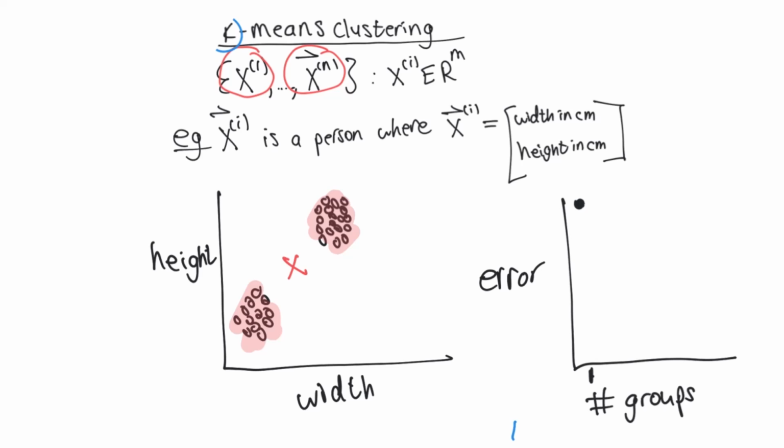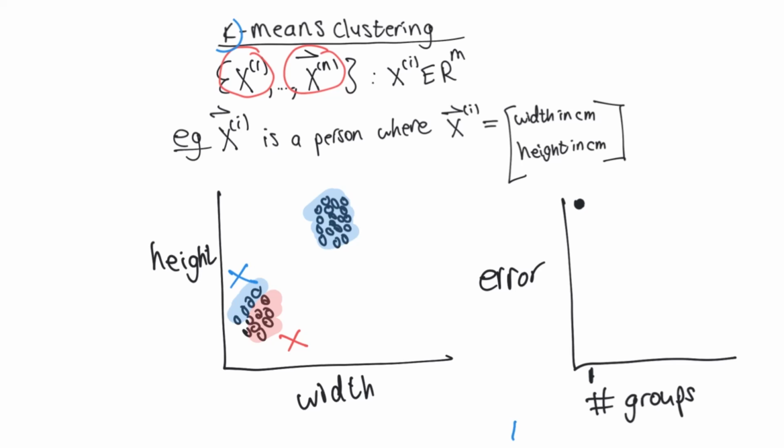Now let's do it again with 2 groups. So I'm going to randomly initialize a red group and a blue group. So maybe it started with this. And now what it does is it brings each of the points to their closest group. So it's going to maybe assign these points as blue, these points as blue, and these points as red.